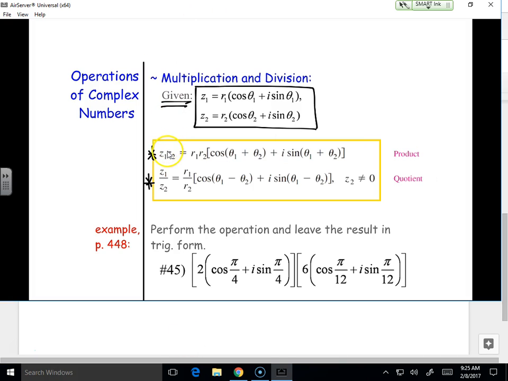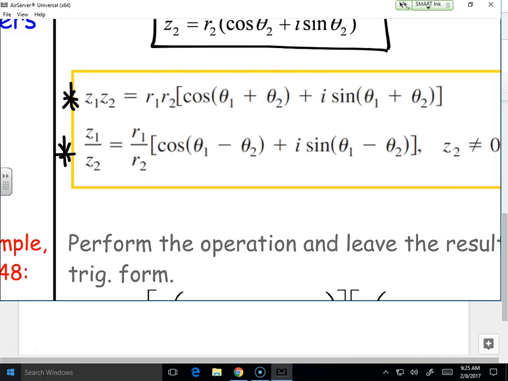Getting close to examples. But let me just for one moment zoom into the formula itself and just look. How do the R's behave?